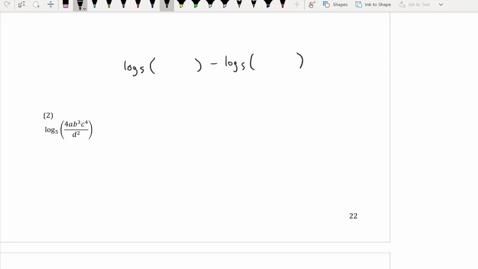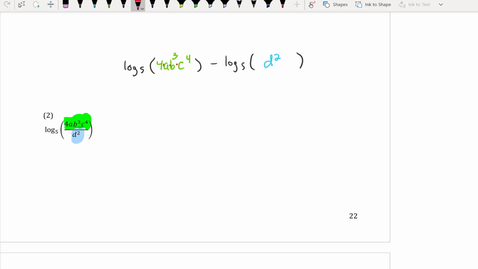And what I'm going to be putting inside the first pair of parentheses is going to be my numerator. So that's 4ab to the 3c to the 4th power. And what's going to go in the second pair of parentheses is going to be my denominator, which is d squared.